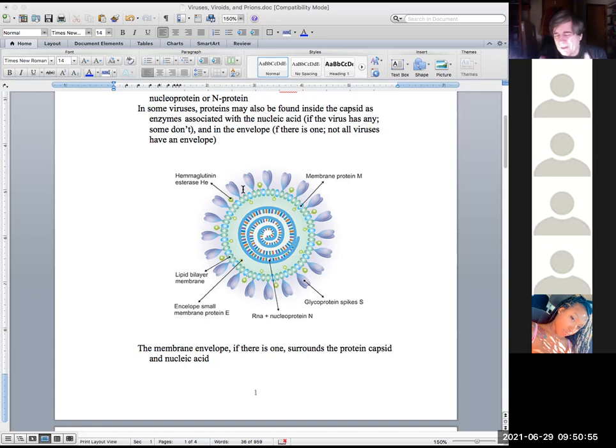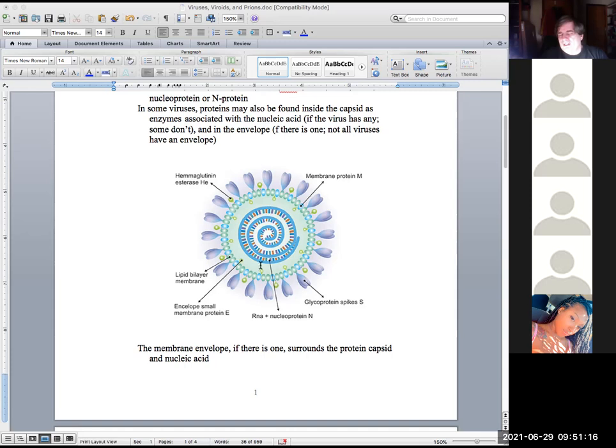And since a virus doesn't have exactly the same function as a cell does, when a virus gets into a cell, a virus is going to use the cell to reproduce. But sometimes the cell doesn't have everything the virus needs.